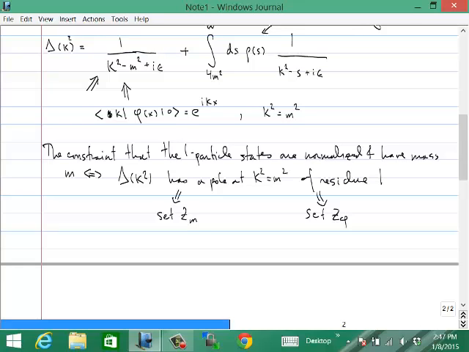So, yes. The first condition, that gives you unitarity? Sorry, the first condition, you mean the condition that delta of k squared has a pole at k squared equals m squared? Well, that's really the definition of what we mean by mass. That's the statement that it's on shell. For example, the parameter m that appears in the Lagrangian a priori has nothing to do with the mass of the particle.